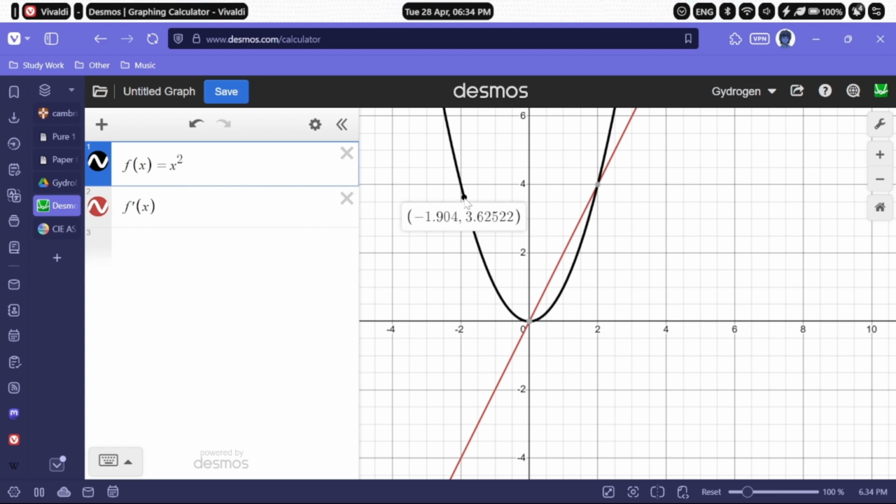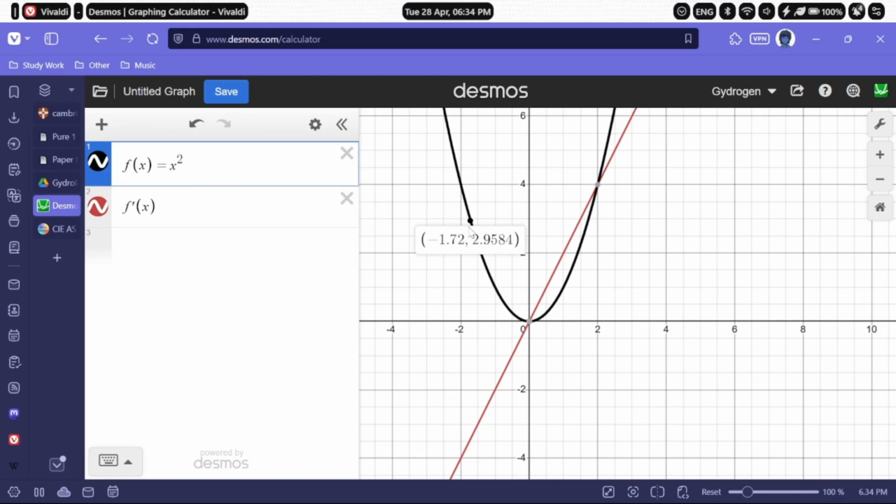So when the gradient is negative, as you can see, the y coordinate of f prime of x is negative, which makes sense. The gradient function has to be negative when the gradient at the curve is negative, right?